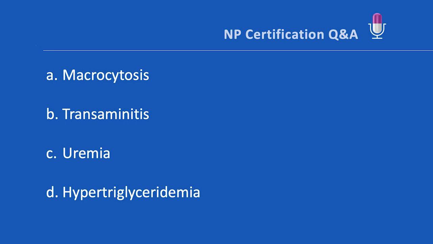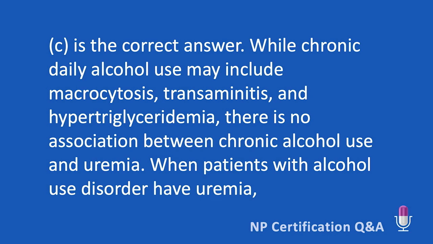You may reasonably expect to find all of the following abnormalities except, and the exception, the thing that is not typically impacted by chronic alcohol use, is choice C, uremia. This is the correct answer. Chronic daily alcohol use may produce macrocytosis, transaminitis, and hypertriglyceridemia, but there is no known association between chronic alcohol use and uremia.